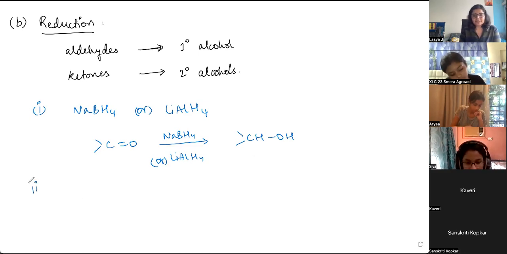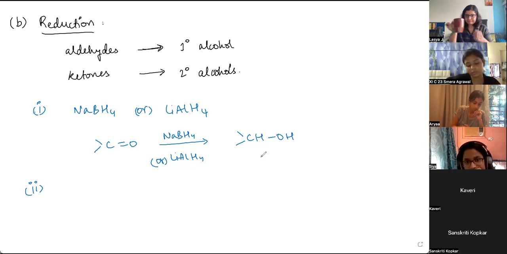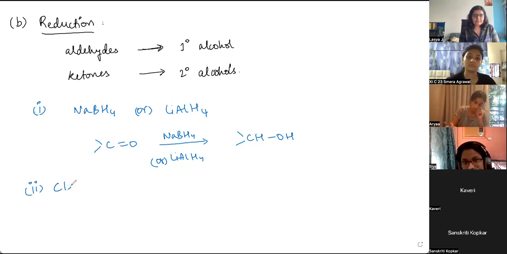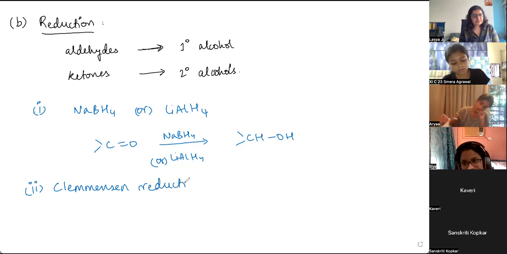The second one, this is a named reaction. So just note this down in short form, it's pretty easy. The other one is called Clemmensen reduction. Since it's a named reaction, put it in red.